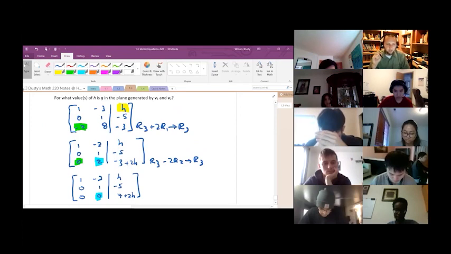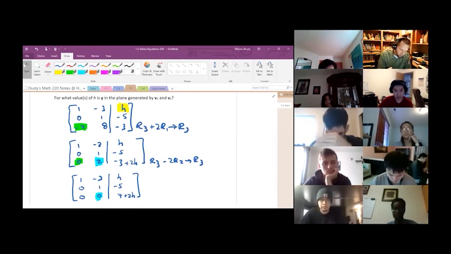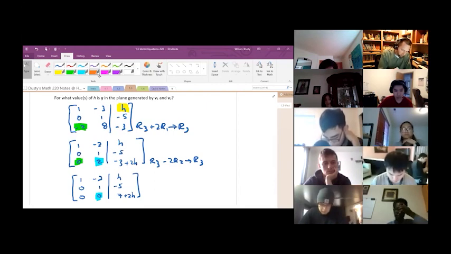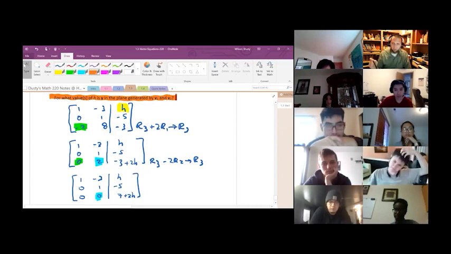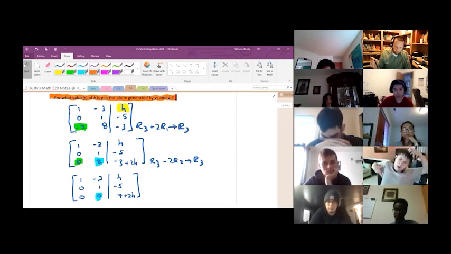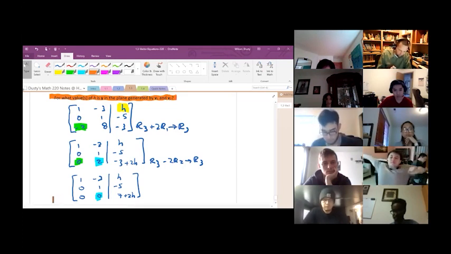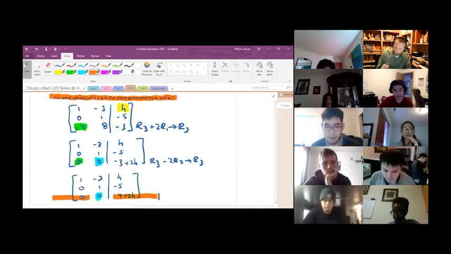So what does this mean? Our question asks for what values of h is y in the plane. If we want to know that, then we want this to be consistent. In order for this to be consistent, what must be true about this last row down here?